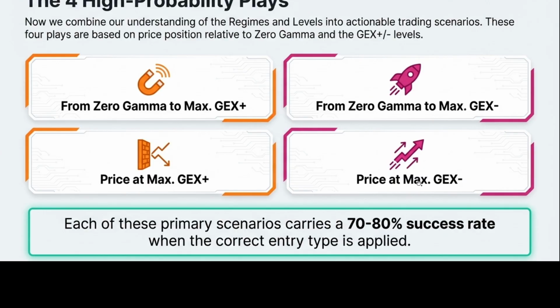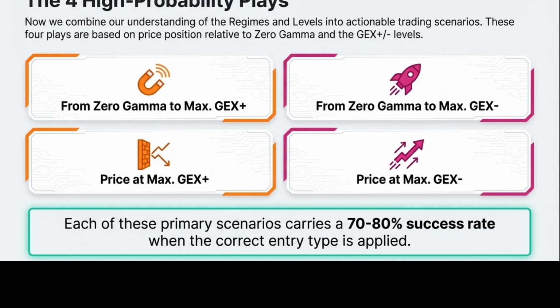For that reason, that zone may have high volatility when price is going from the zero gamma to the max GEX negative gamma. It's risky to take a reversal trade here because the volatility is so high. The ranges are very high, and you have to put the stop loss at a far level if you don't want to be stopped out here.